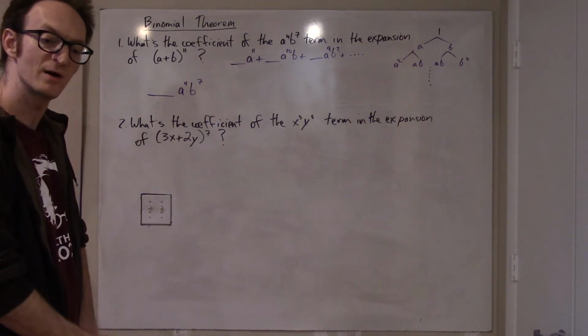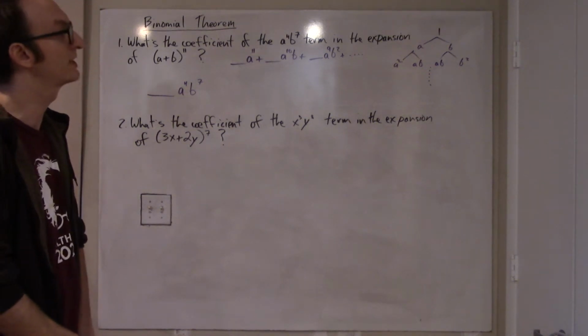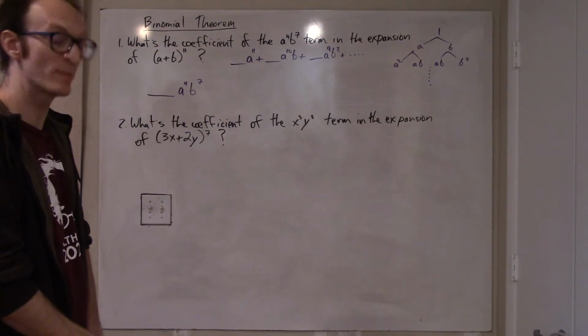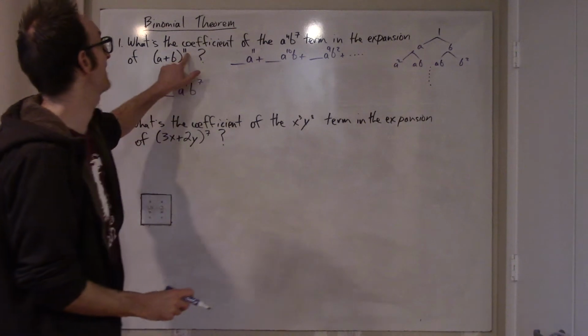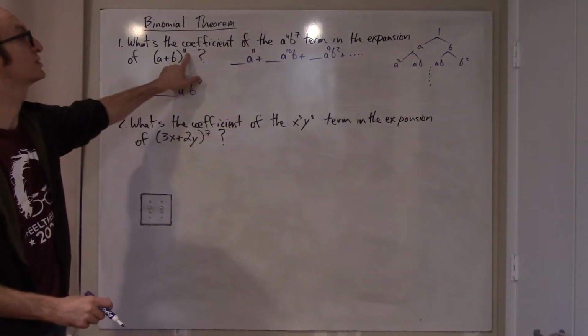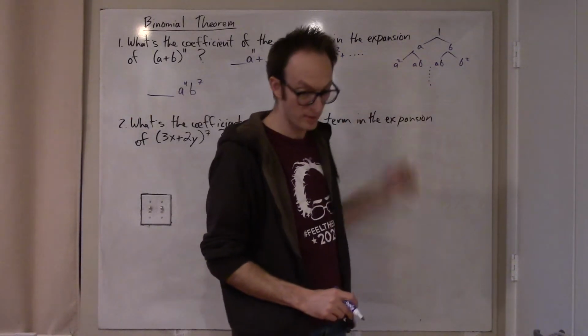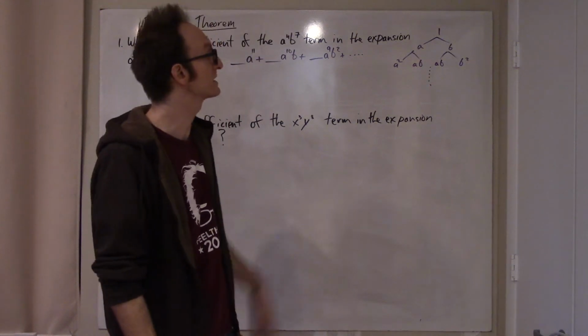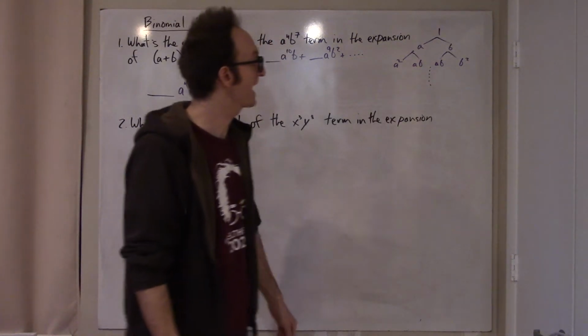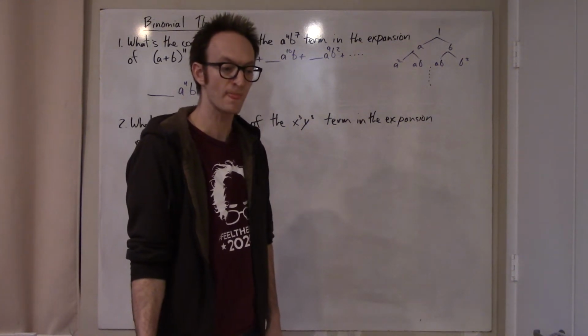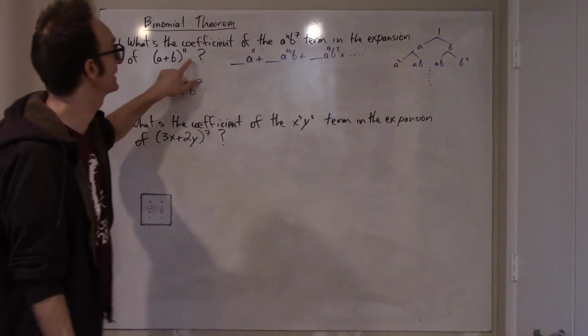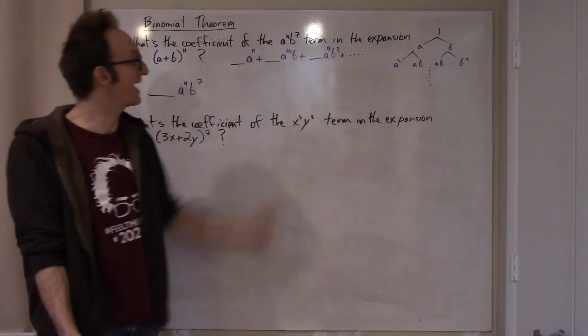The number of terms doubles, and if you don't combine like terms as you go, by the time you get all the way down to the 11th row of this tree, we're going to have 2 to the 11th, so 2048 individual terms, and each of them has depth 11, so each of them will have exponents which add to 11. So that's kind of an explanation of that also.